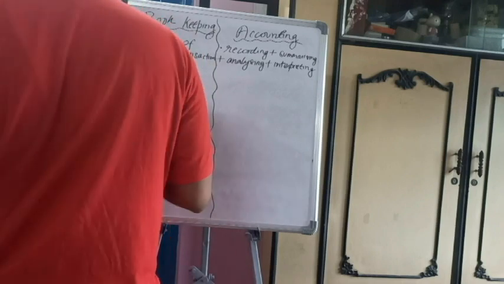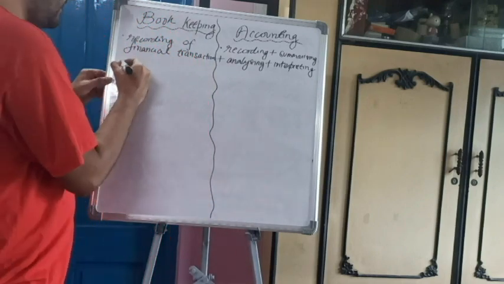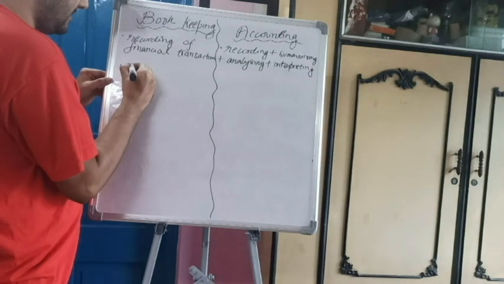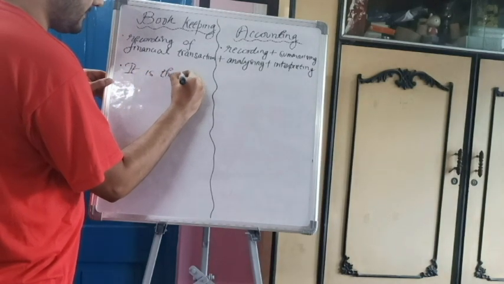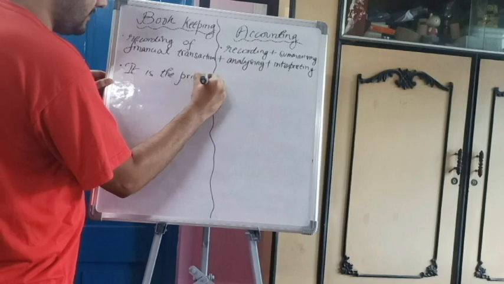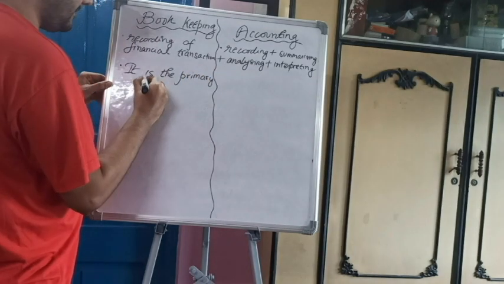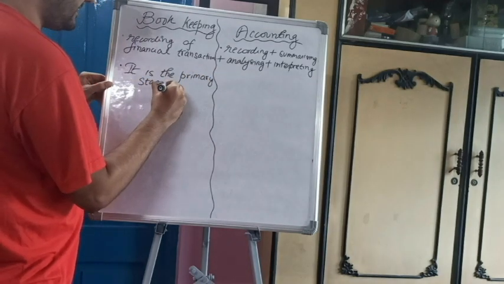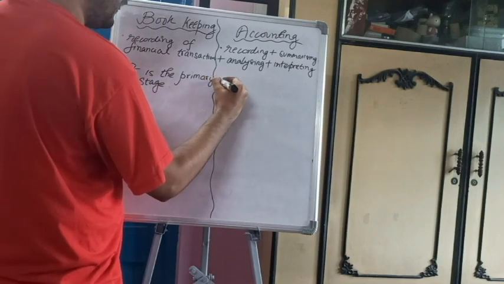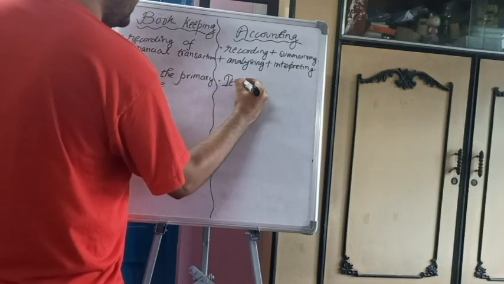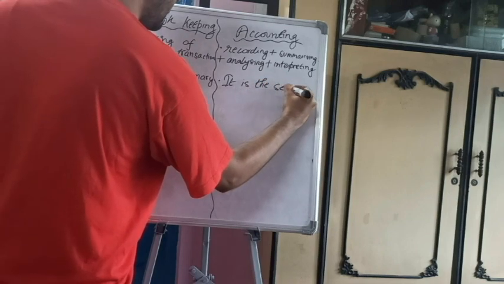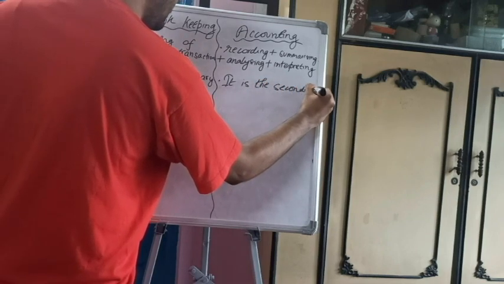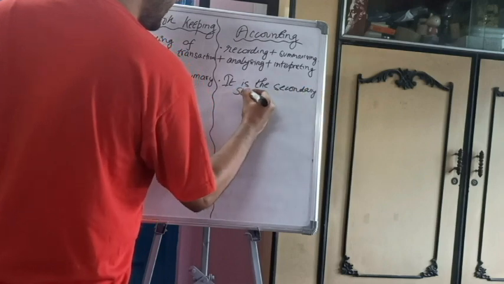Now the second point of bookkeeping is, it is the first stage, or the primary stage. Whereas accounting is the secondary stage.